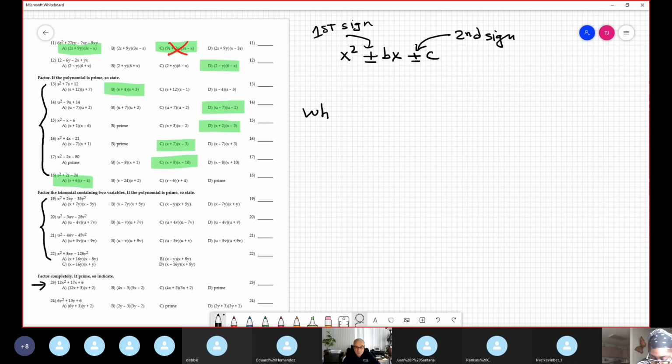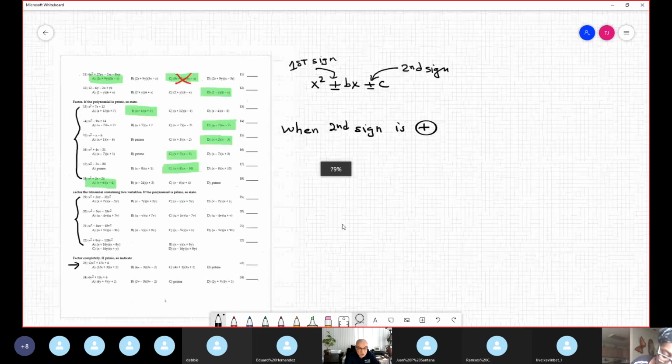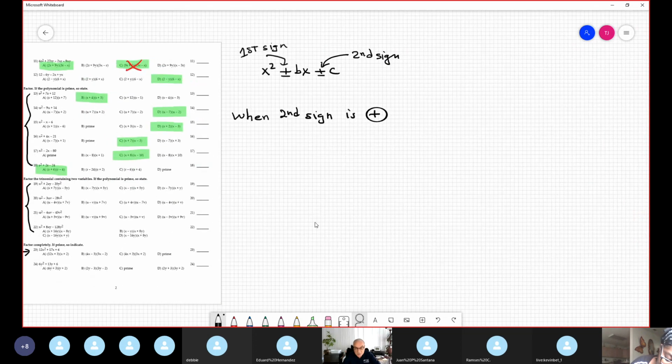When the second sign is positive, directly, I know, we have same signs. What does same sign mean?